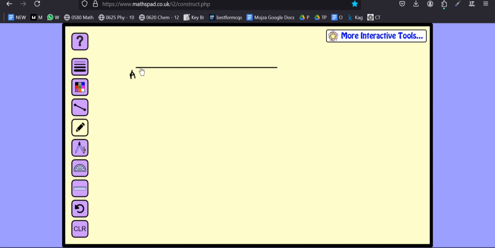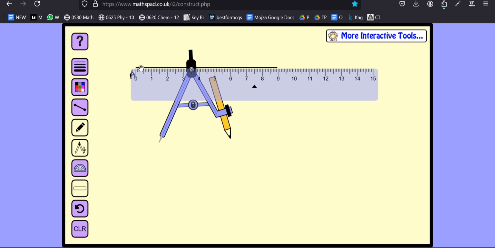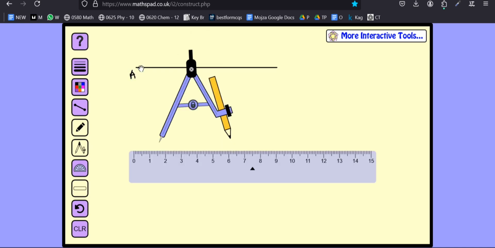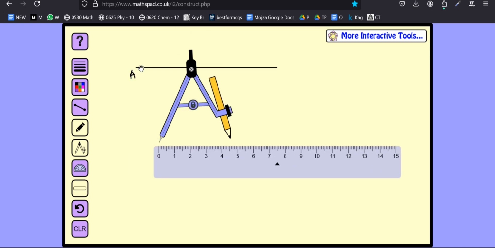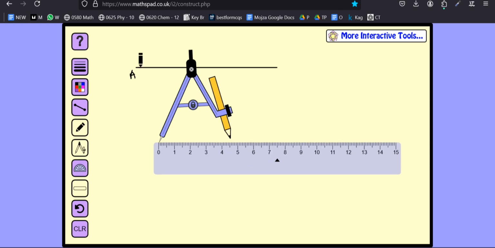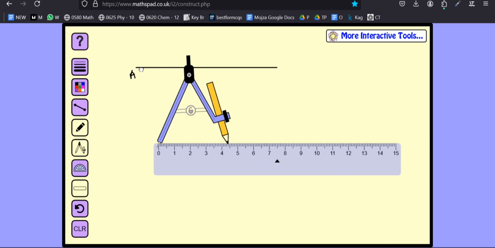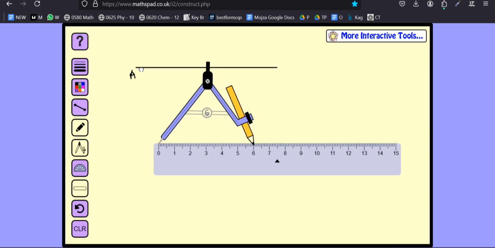And now we're going to bring our compass. Actually, not like this. We're going to take our compass over here, keep it here, and bring our scale down, and now we're going to measure from 0. It should be till 6 centimeters.